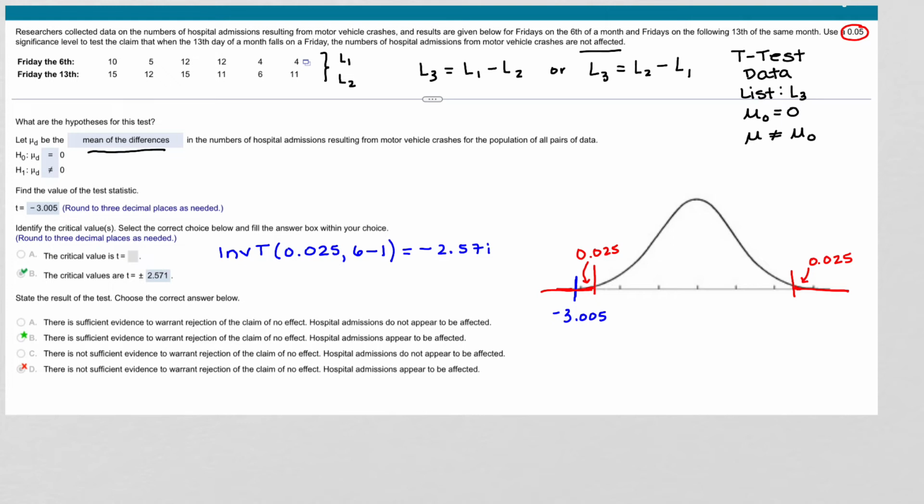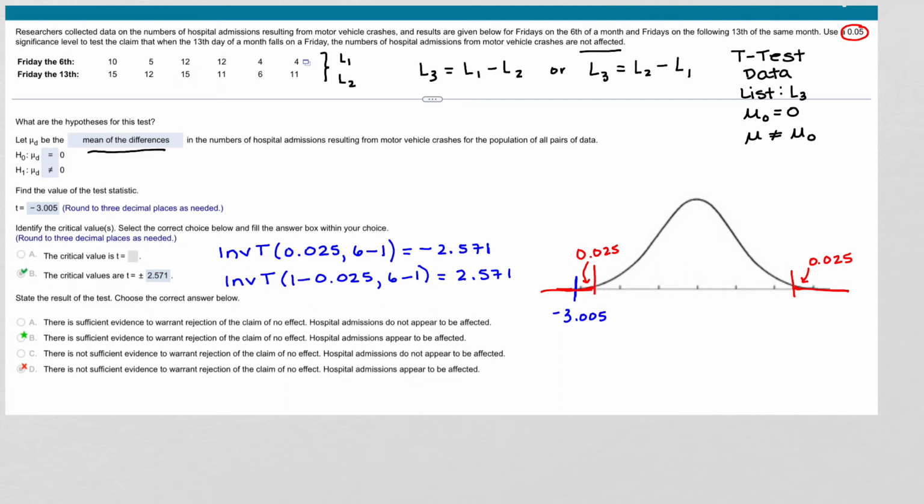And if I were to actually calculate the other side, this is going to be 1 minus 0.025. And degrees of freedom is still 6 minus 1. And I get positive 2.571. So I didn't really need to do both of them.